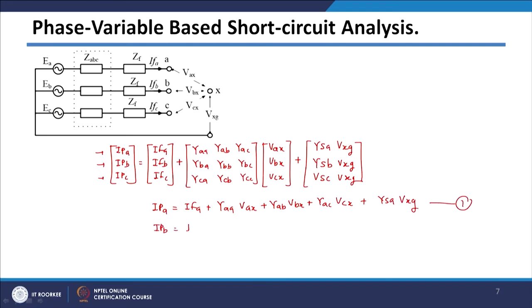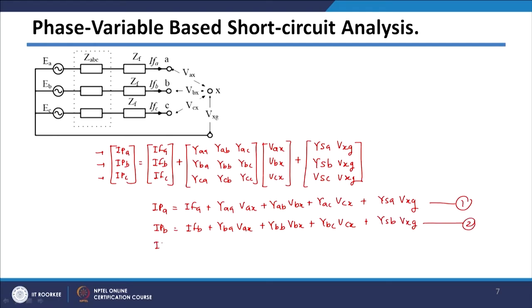IPB will be equal to IFB plus YBA into VAX plus YBB into VBX plus YBC into VCX plus YSB into VXG. This is equation number 2.